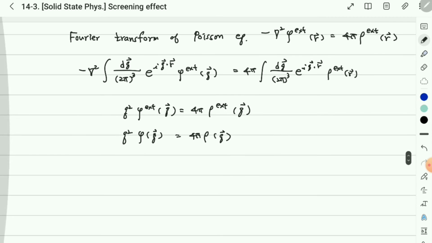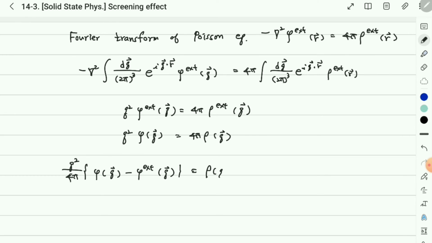And here, when we subtract the bottom equation from the top, with q squared over 4 pi, let's think about phi q minus phi external q, which is rho q minus rho external q.